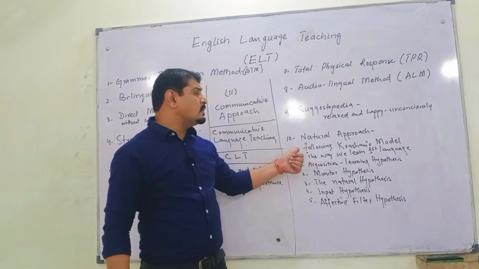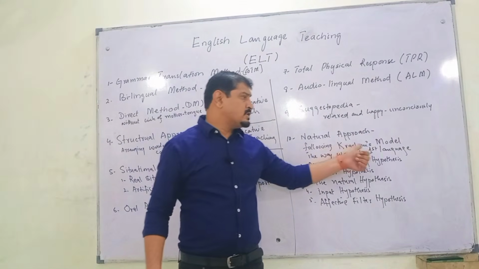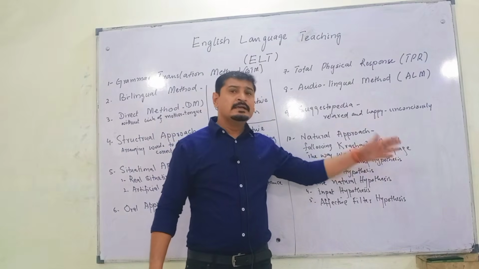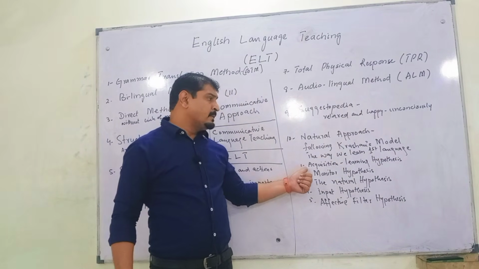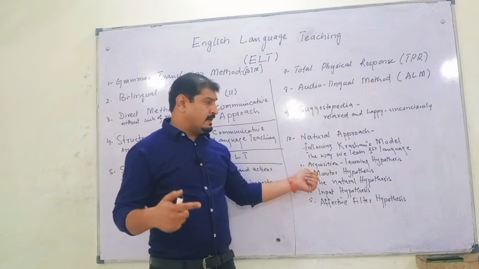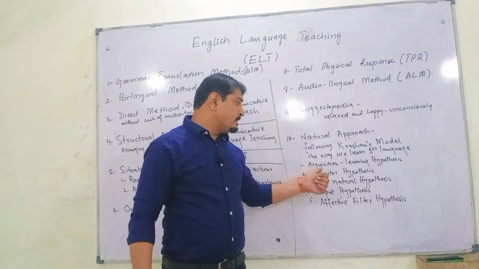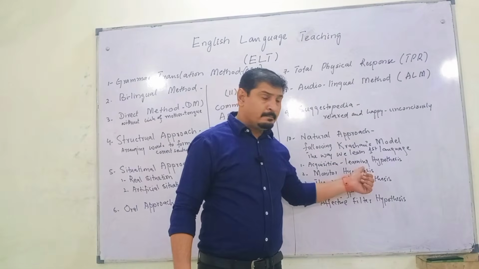It follows Krashen's model of learning, and it says the way we learn the first language, there are some terms to use: acquisition and learning. For example, there is a difference when we learn things, which is acquisition and learning.